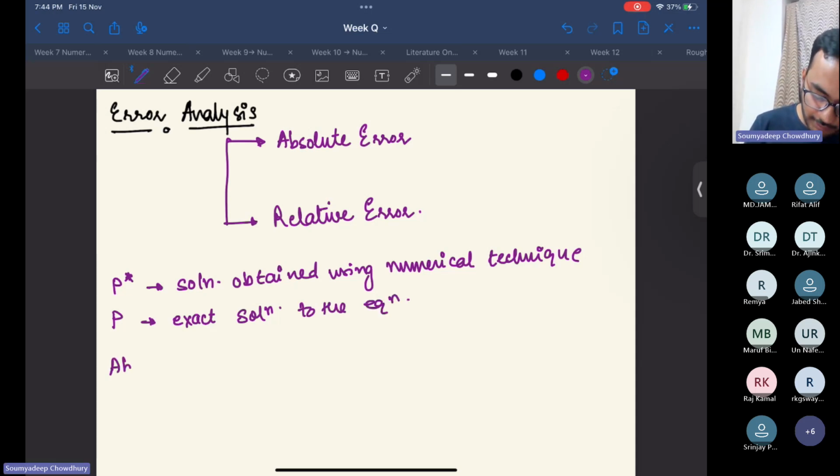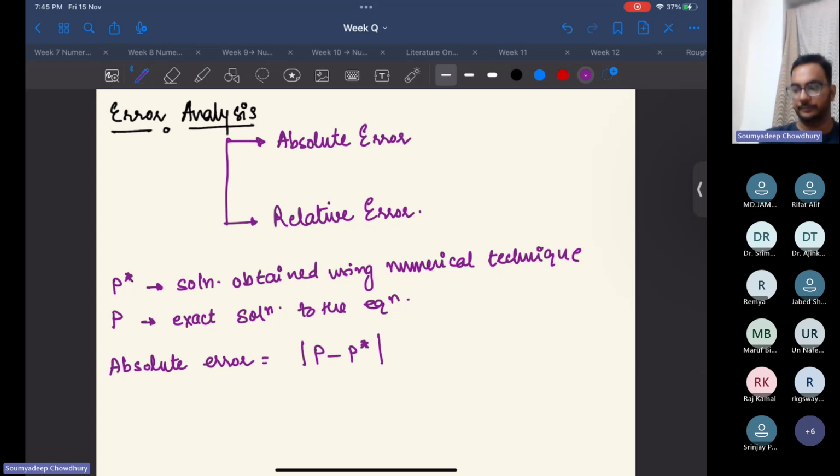Your absolute error here will be the modulus of P minus P star.